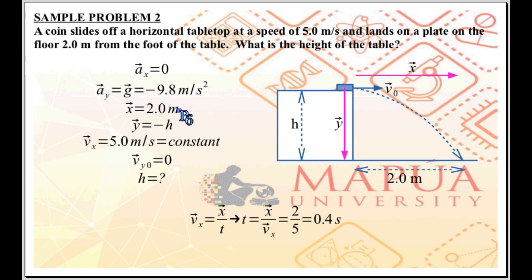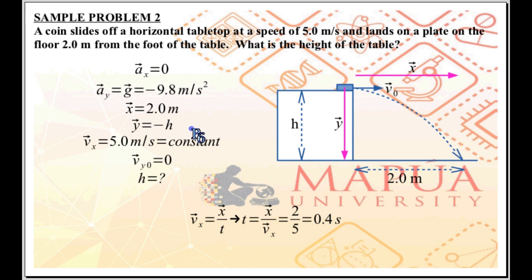So x is equal to positive 2 meters. On the y-axis, from initial position to final position, the displacement y is vertically downward and magnitude is just equal to h. So y is equal to negative h. So we have acceleration, we have displacement.